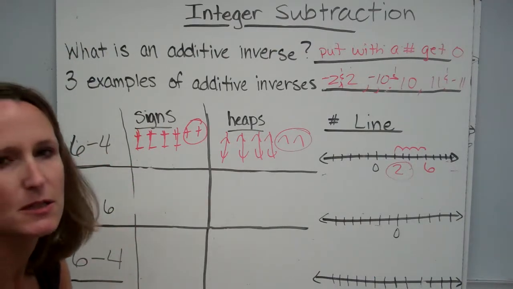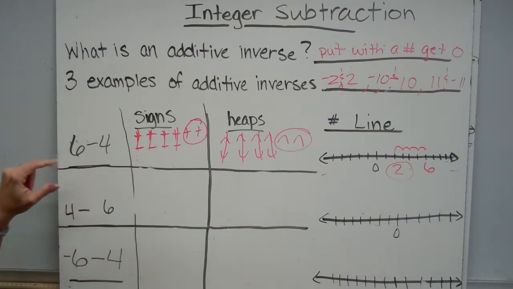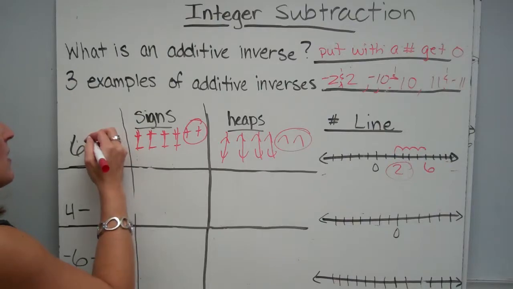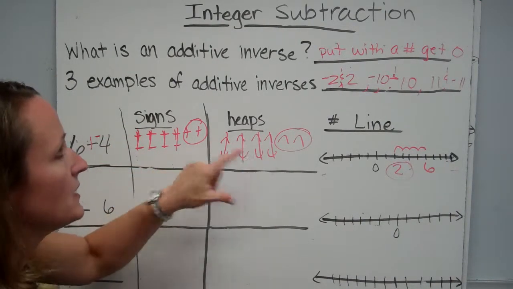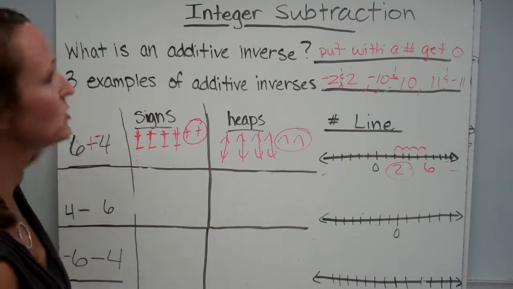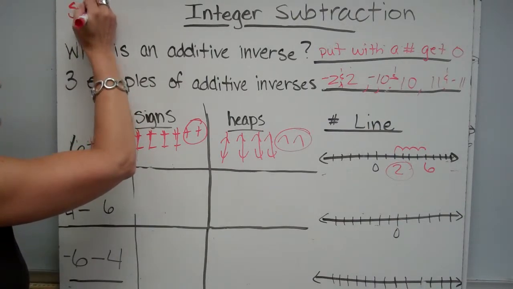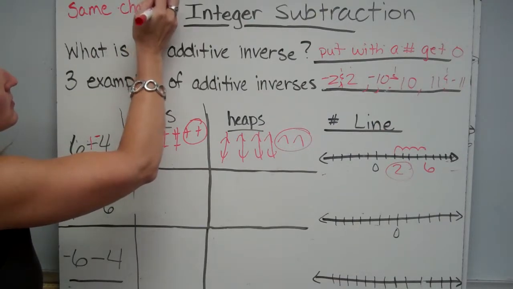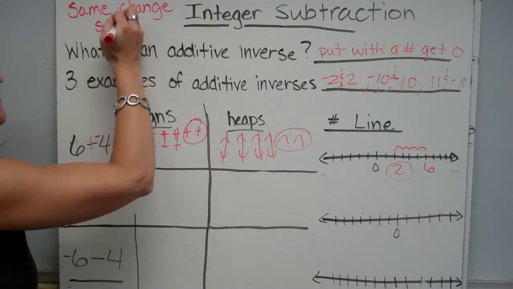This subtraction looks nothing different than what you've always done. But here's what we really did. 6 minus 4 is the same as 6 plus a -4, which is what I illustrated. So when you subtract integers, you want to use a rule called same, change, switch.